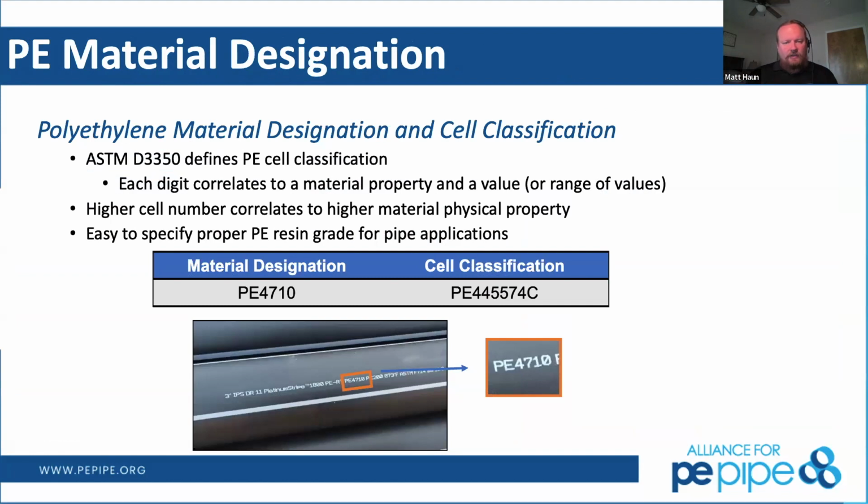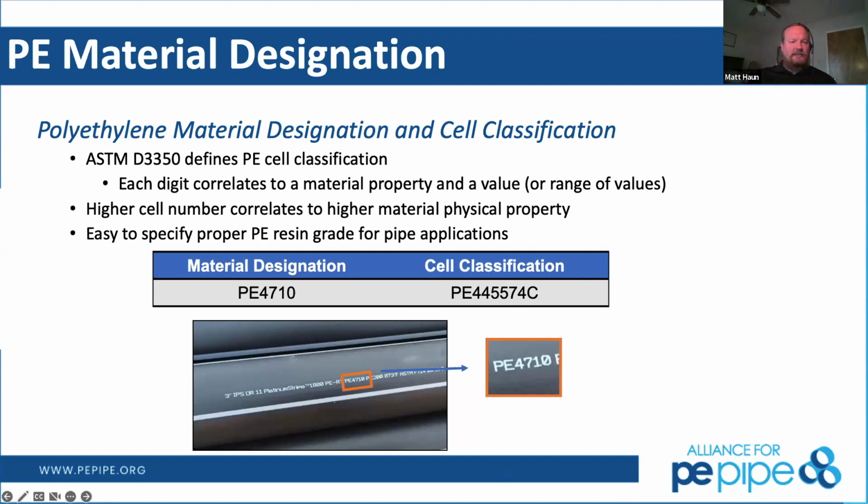So when we look at polyethylene material, we generally classify them by material designation, or when you get into more detail, the cell classification. These are important figures for when you're specifying a product. I think PPI's MAB number 03 is a model specification.